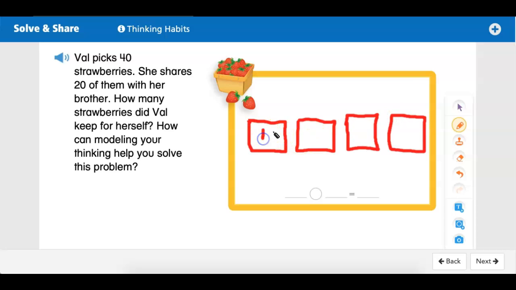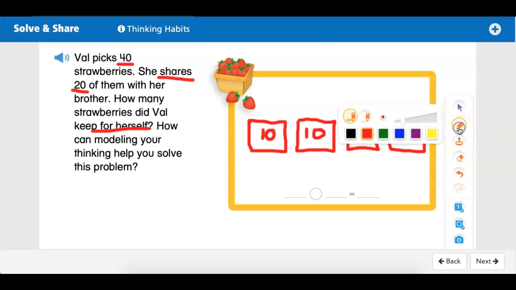That means each of these boxes would have 10. If she picks 40 strawberries total, and she shares 20 of them with her brother, we want to know how many did she keep for herself.